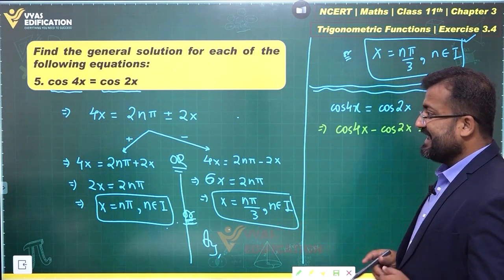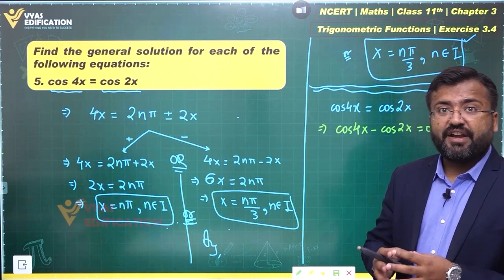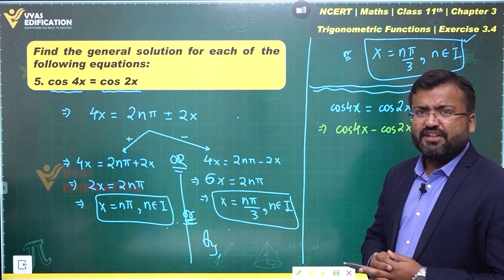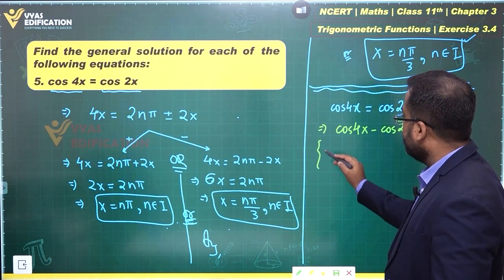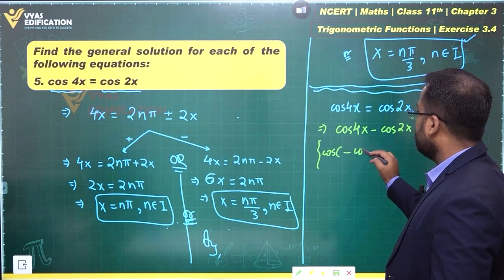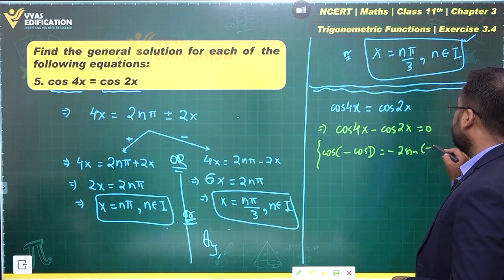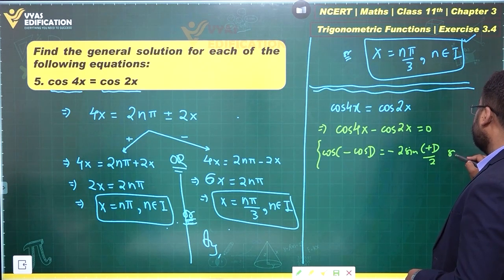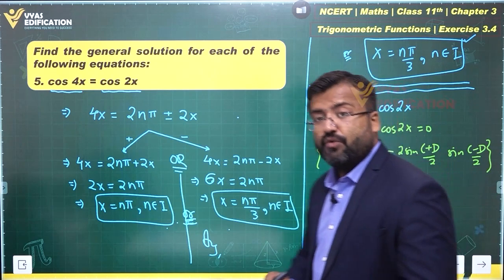Once I've written this in this manner, this comes in the form cos c minus cos d. I can apply the result of transformation of this difference in terms of product using this idea. Cos c minus cos d is equal to minus 2 sine of c plus d by 2 sine of c minus d by 2. This is an identity that we know of.